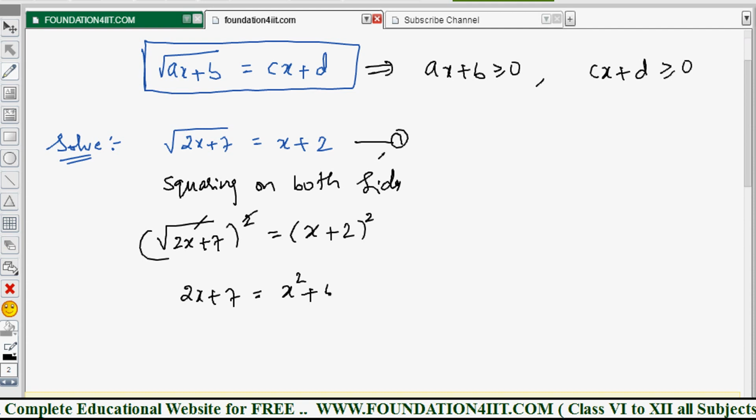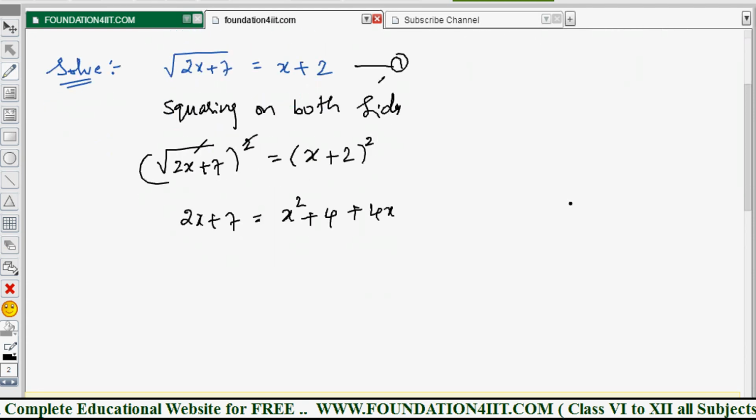So x square plus 4, because 2 square is 4, plus 2ab, 2 into x into 2, so 4x. Take all the terms to one side: x square plus 4 plus 4x minus 2x minus 7, changing the sign.